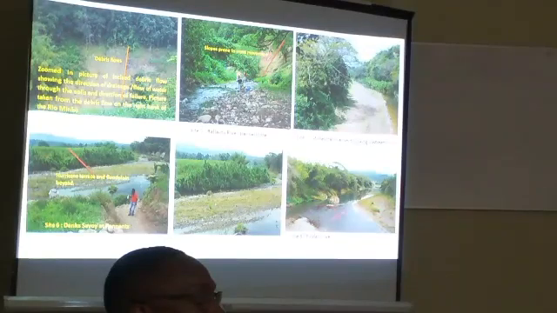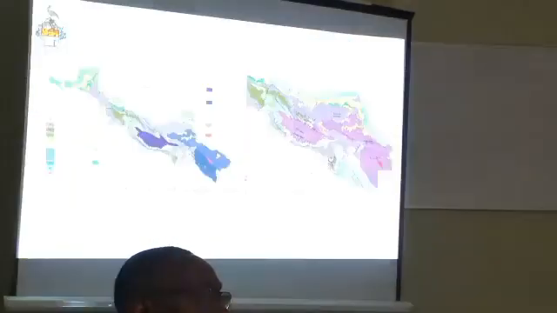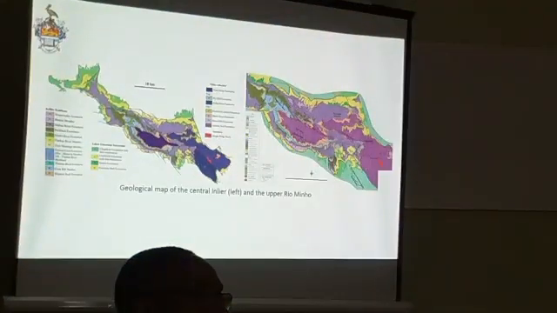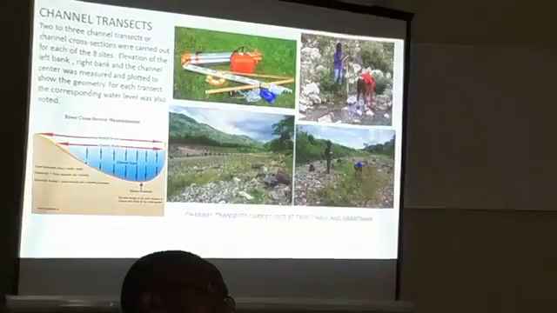These are what you call the meandering bends. So you do a survey before the bend, right? And the bend and after the bend. So 3 channel lines around it. And this is the centrally enlarged geological map, mainly volcanics, volcaniclastics. So our sites covered all kinds of formations to see the bedrock relation to the erosion.